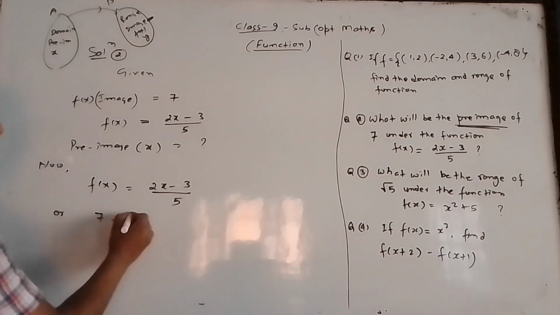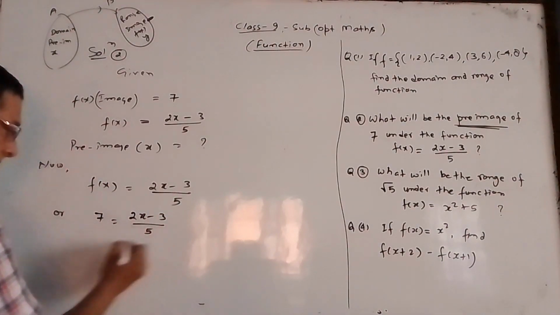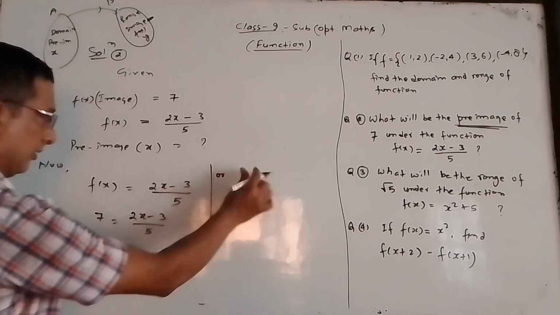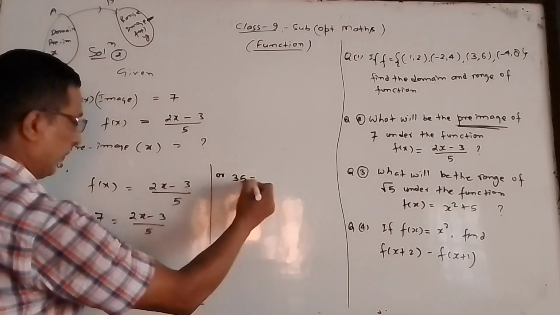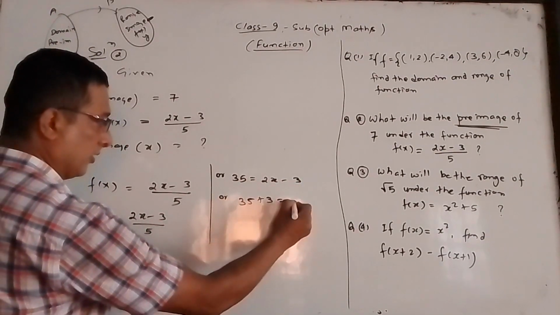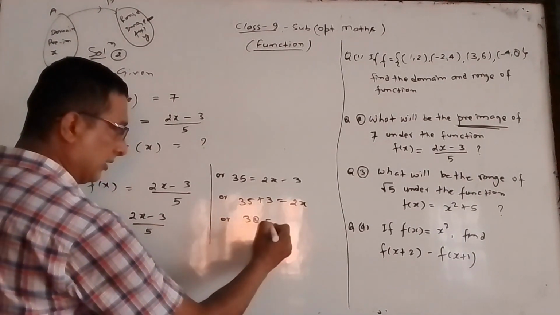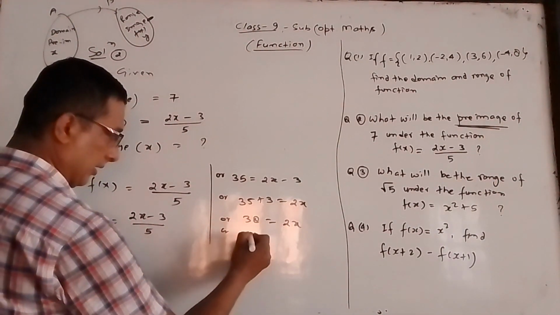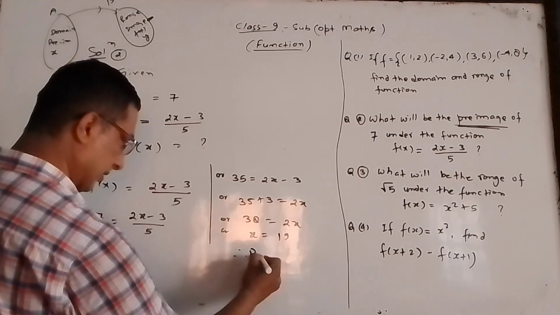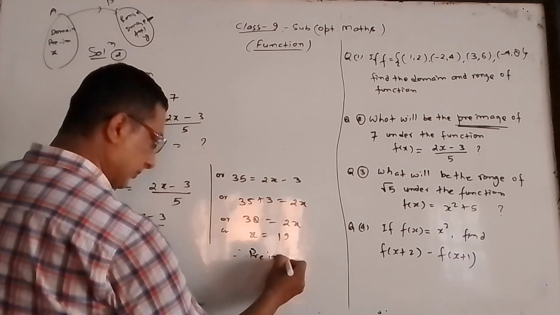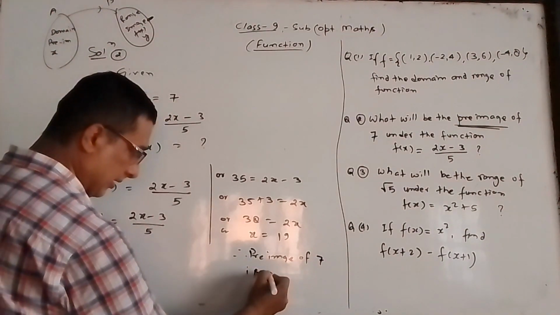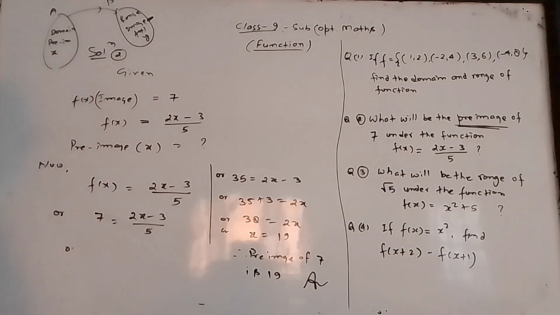So 7 is equal to (2x - 3)/5. Cross multiply: 35 is equal to 2x - 3, or 35 + 3 is equal to 2x, or 38 is equal to 2x, or x is equal to 19. Therefore the pre-image of 7 is 19, our answer. Is that clear?